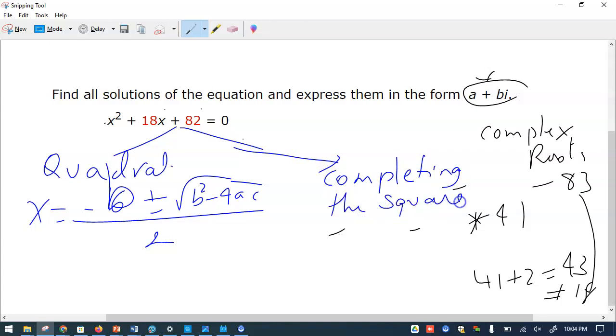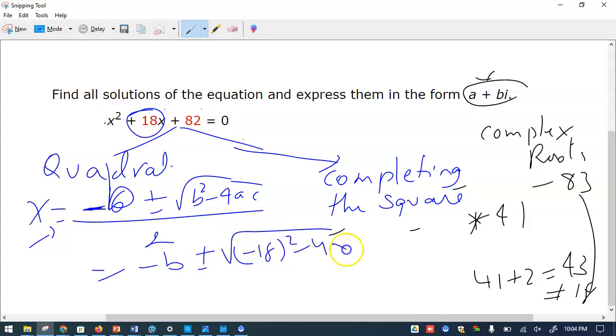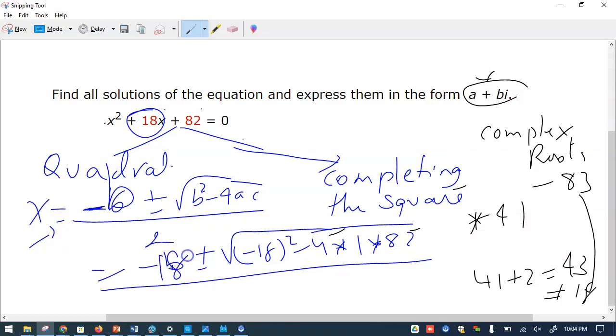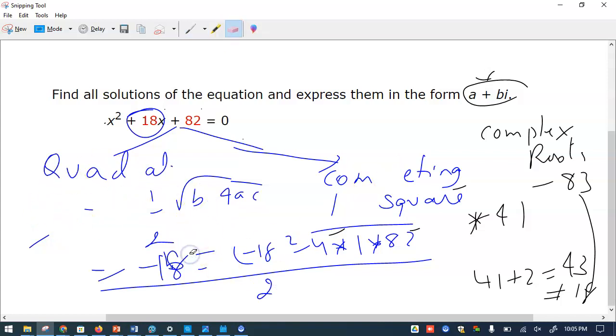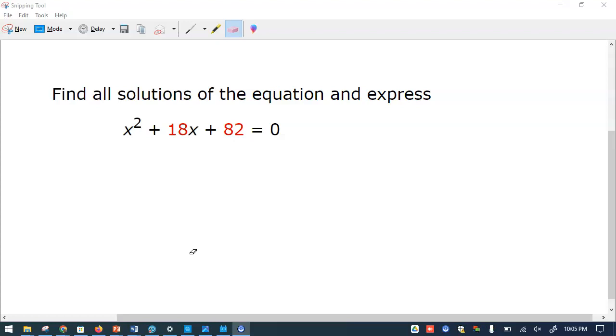If you work this out, the opposite of plus 18 is minus 18, and then you have to do 18 squared, a lot of work, see? And then a, which is 1, and c, which is 82, and then divide by 2 times a. That's too much work. So we'll skip this. Instead, we'll try to use completing the square.